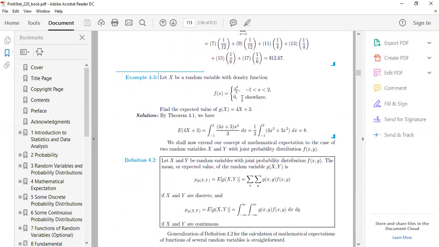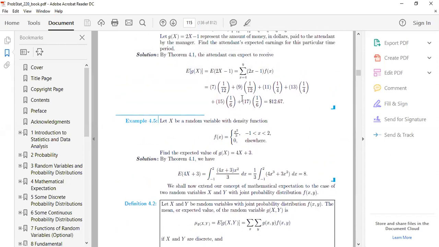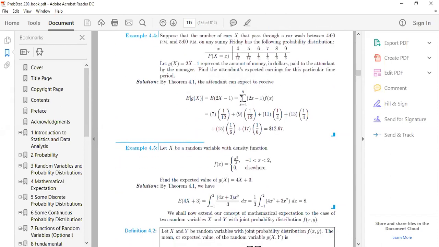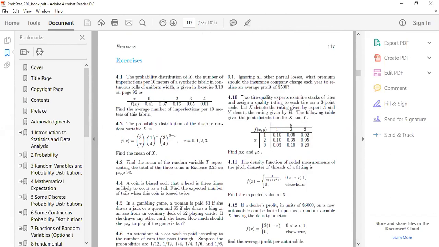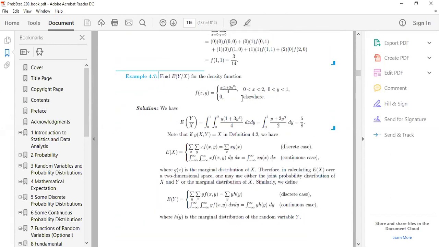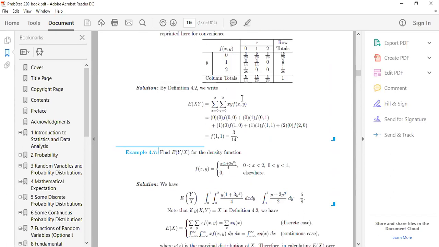This is the example. Look at here, guys. Page number 115 and 116. Not this one. Okay. Where is the definition?